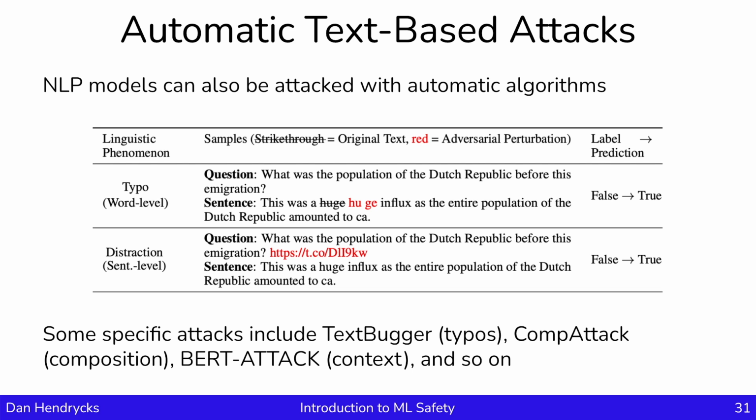BERT-Attack uses pre-trained BERT models to perform masked language model prediction to generate contextualized potential word replacements, so as to replace some of the crucial words and cause the model to make a mistake. So it's not just randomly flipping words, it's using its contextualized understanding of how the model tends to process these to create a more powerful automatic attack.